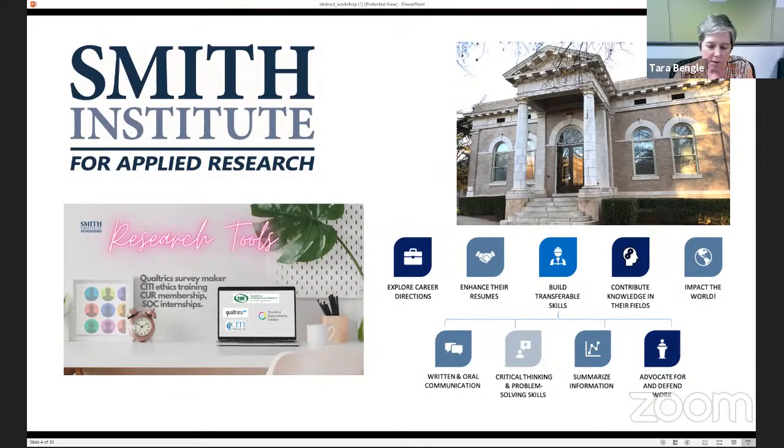Research also, the process of research, you also learn how to summarize information. So many of you might have learned about a literature review, and there you're summarizing information. Even the abstract writing is summarizing information. And finally, research, creative works, it's also about learning to advocate for and defend your work, because you're crafting an argument and backing up that argument with the appropriate facts.